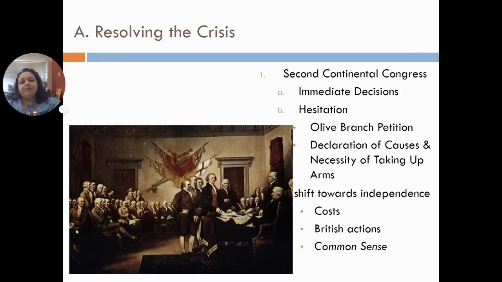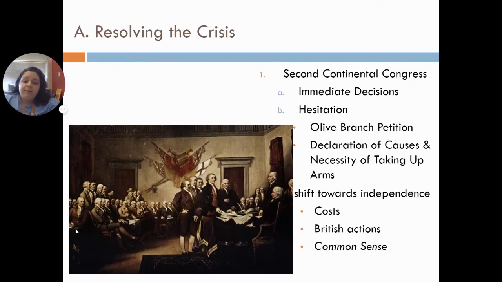Well, things got worse, and so they meet at the Second Continental Congress in Philadelphia, 1775. And basically, we had representatives from every single colony at the Second Continental Congress, kind of deciding and determining what exactly is it that we're doing.